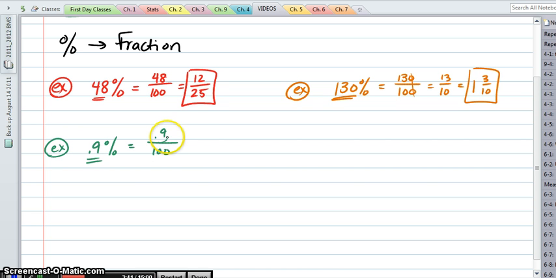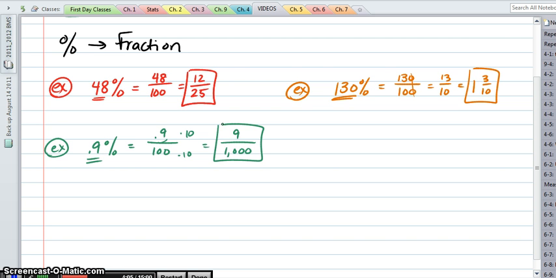Well, I could move the decimal over once if I multiplied 0.9 by 10. If I multiply the numerator by 10, I just have to multiply the denominator by 10 to keep everything proportional. And when we do that, we get 9 over 1,000. So 9 1,000ths. So this is a very small amount. 0.9% is equal to 9 1,000ths.